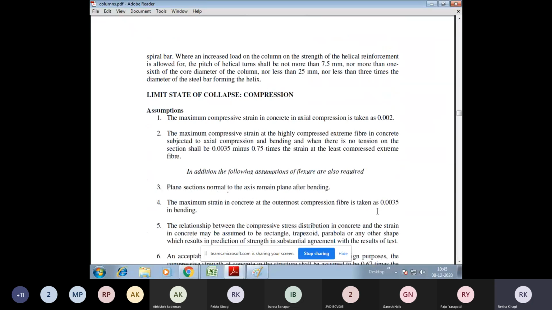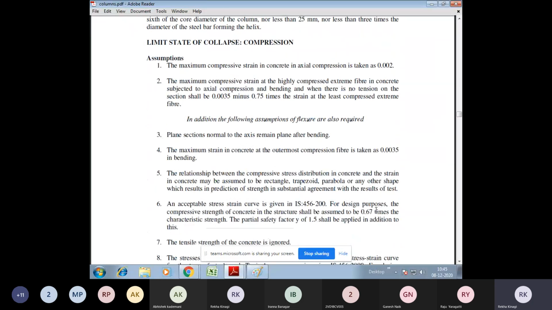So again, at last we have the limit state of collapse for the compression members, and these are the assumptions to be made according to IS 456. That is, the maximum compressive strain in concrete in axial compression is taken as 0.002.